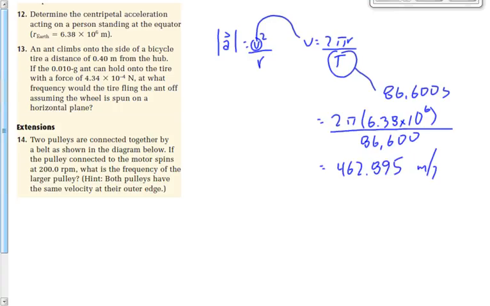Is that right? Or did I make a mistake there? Is it 86,400? Okay. I was thinking it was 600, but then somebody told me I was right there. So what does that work out to be if I go 400? A little bit bigger than 462?